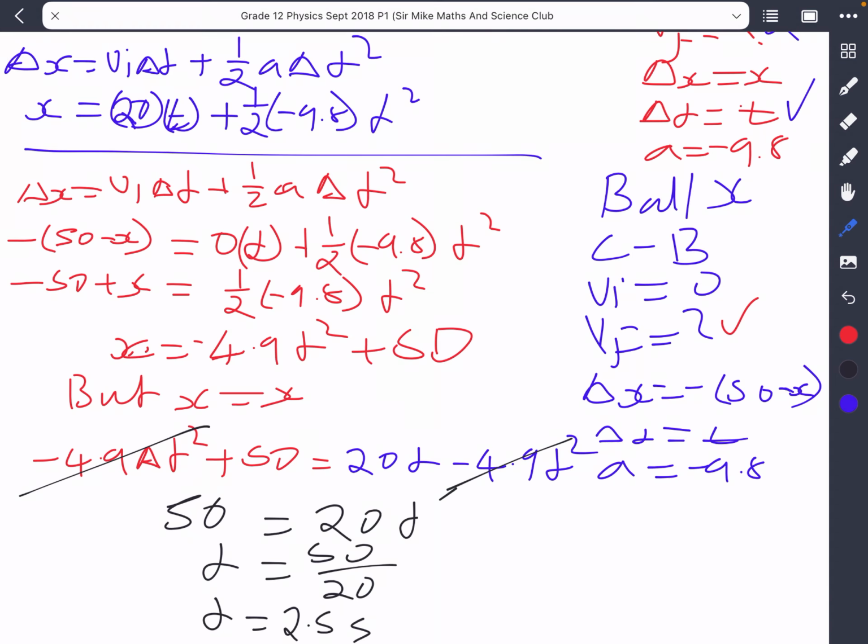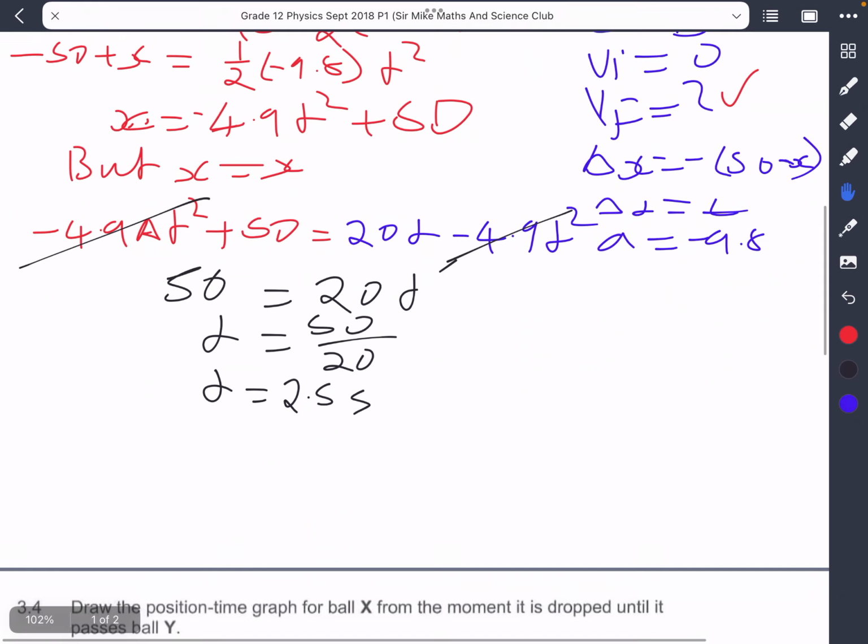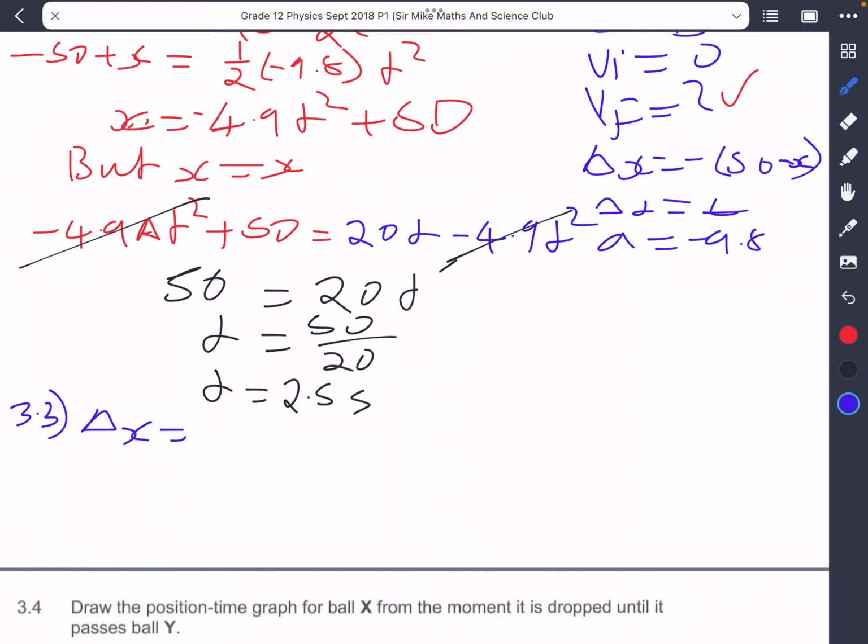So in answering that question, which is 3.3, I would simply say that, let me just write that, for 3.3, delta X simply equals negative 4.9 t squared.